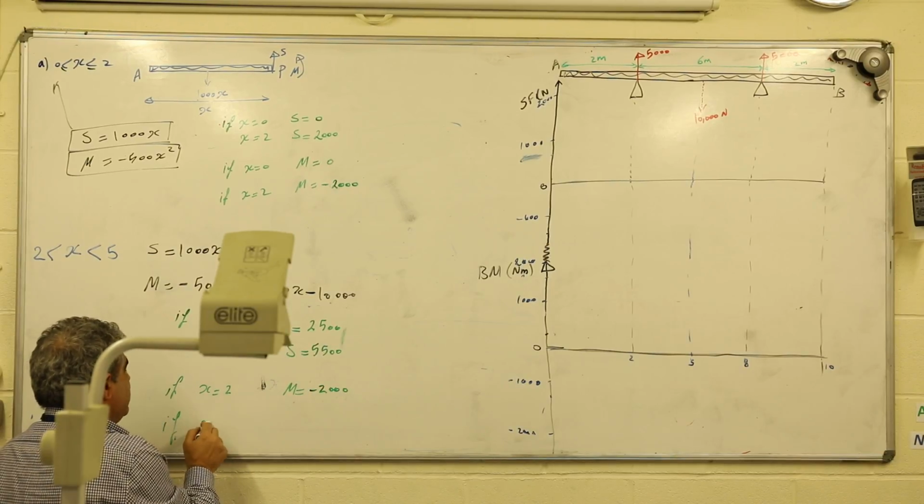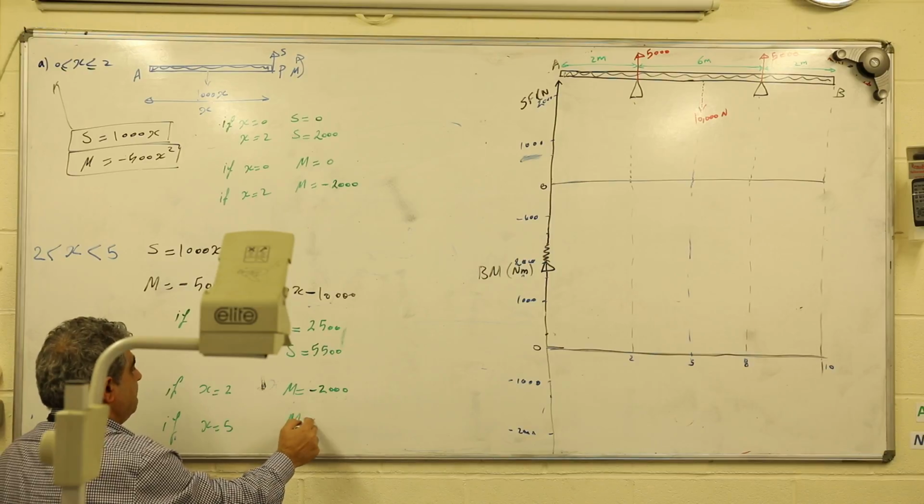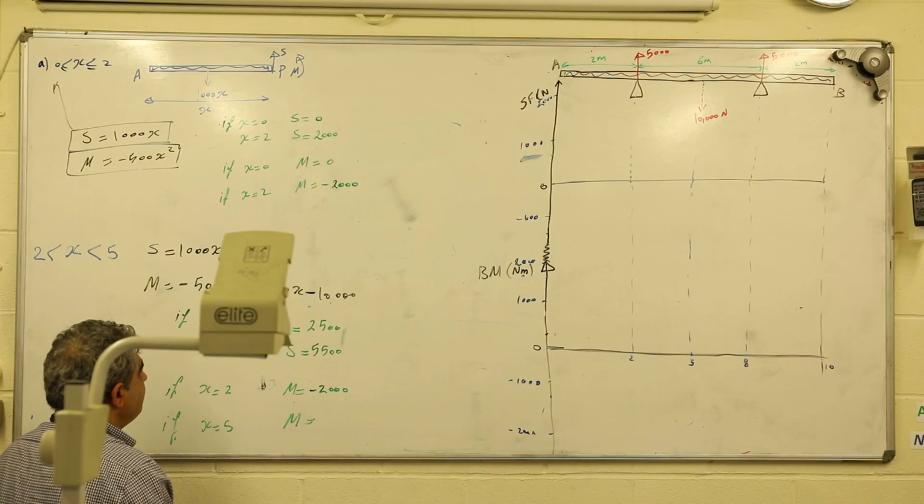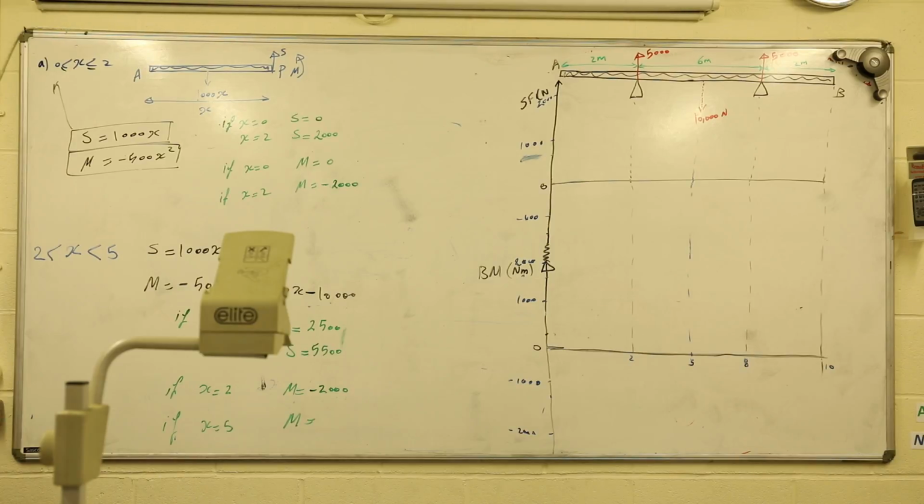If x is equal to 5, m is equal to... you guys got the calculator? How much would it be? 5 times 5, 25. 25 times 500, which is going to be minus. And another 5, 25,000.